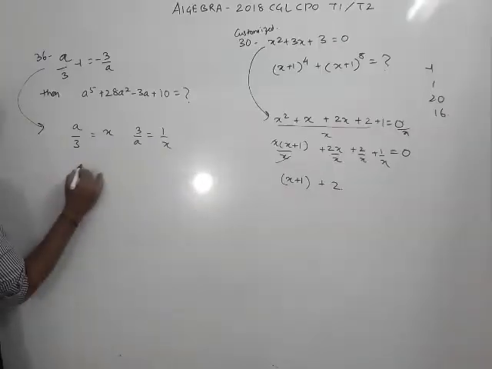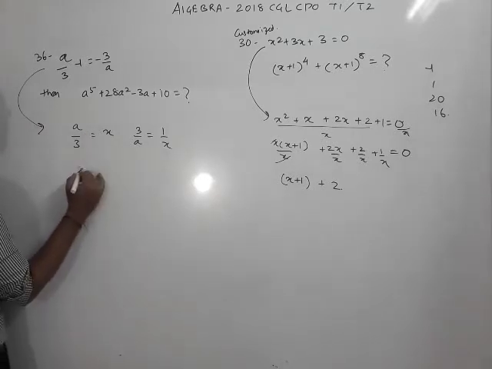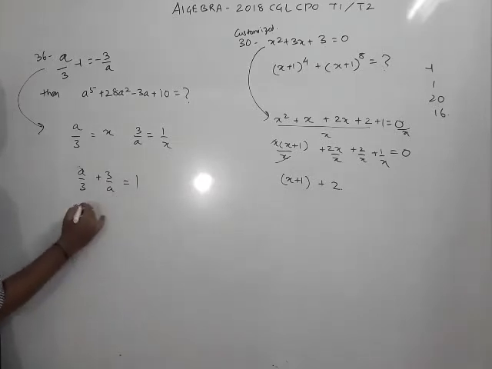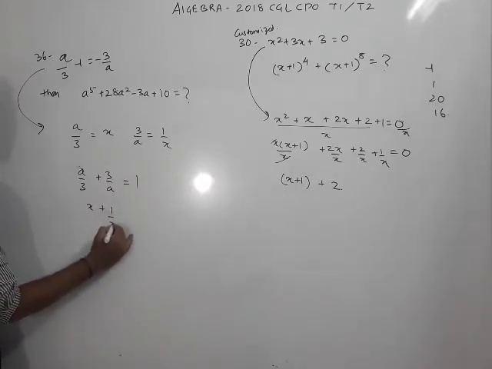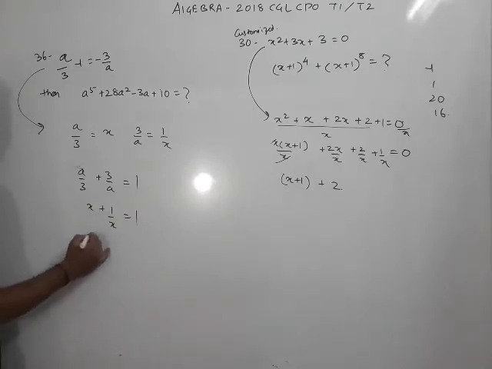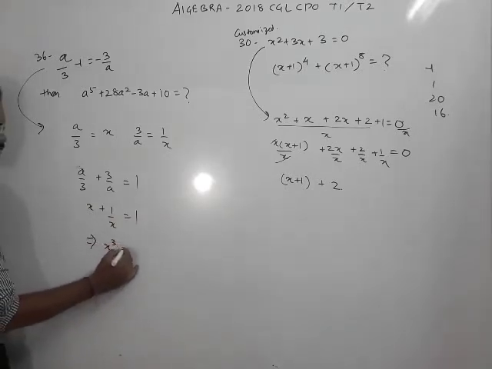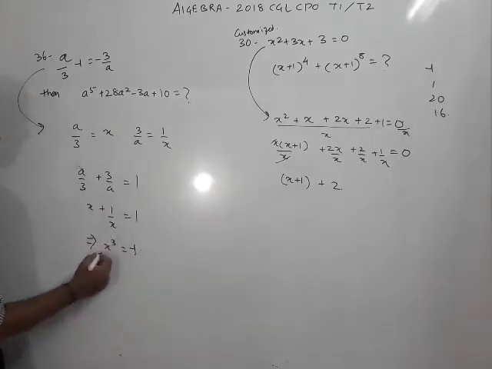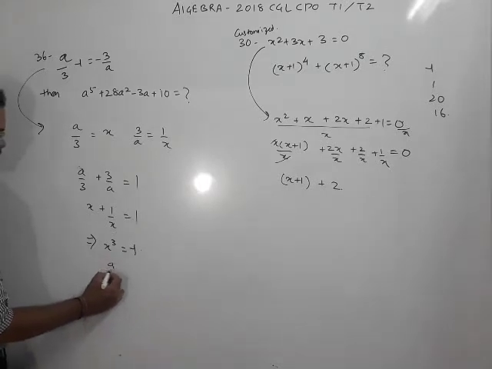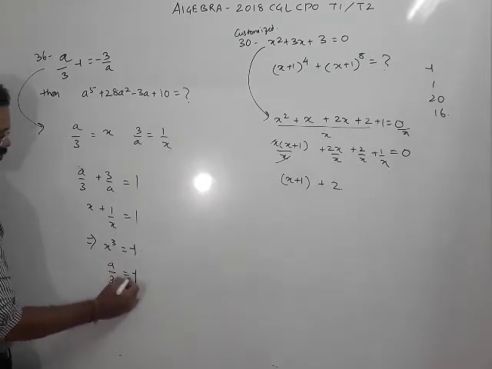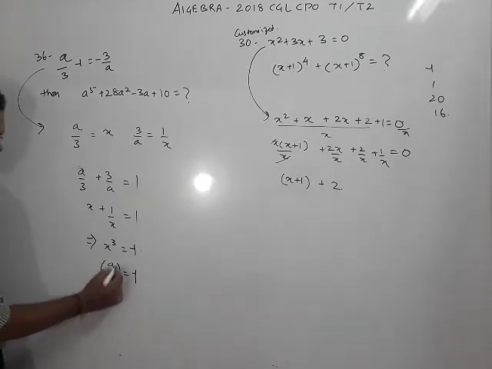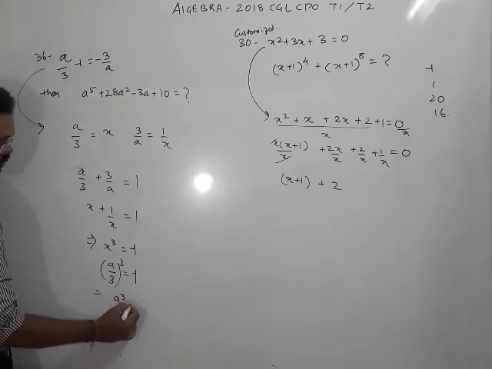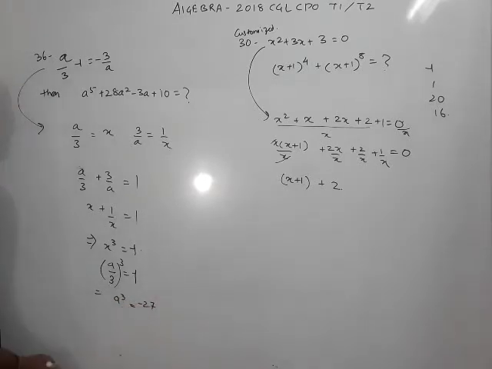In short, what is given? a by 3 plus 3 by a is given as 1, which means x plus 1 by x is given as 1. It implies x cube is equal to minus 1. Once x cube is minus 1, a by 3 is minus 1, so a cube will be minus 27.